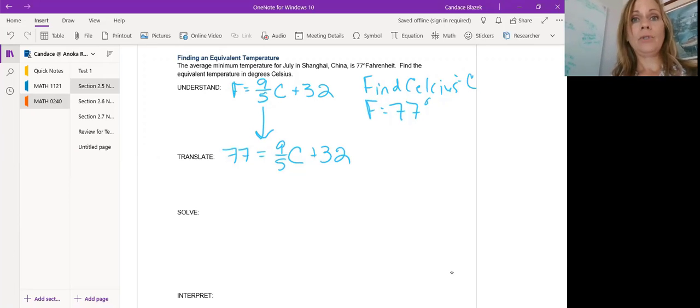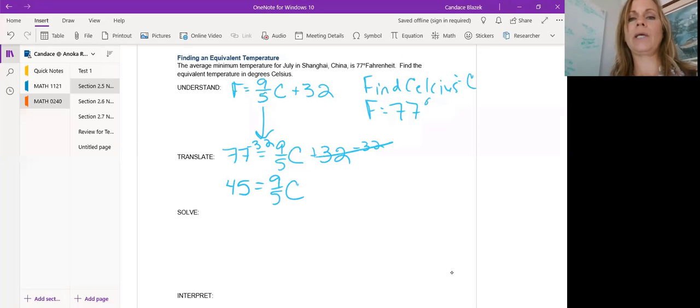Now we can solve using the properties of equality. So the first thing I'm going to do is to subtract 32 from both sides. I end up with a 45 on the left is equal to 9/5 C, and I notice that the 32's cancel on the right. All right, now I need to solve this.